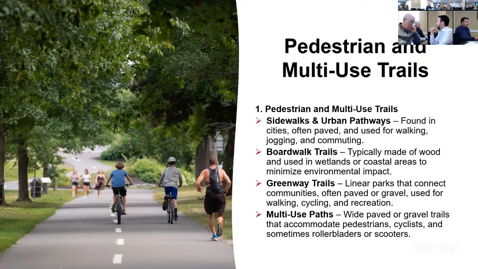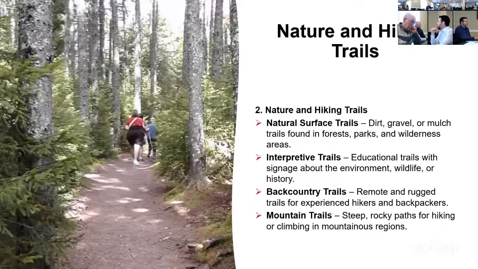And usually they're wide and paved over the gravel tops. Natural path, again, like the picture says, it's dirt and gravel in the wilderness. Some of them would have educational purposes and signage, and some of them are backcountry, more remote, and some of them are in rocky areas. And these are usually narrower, require much less maintenance.